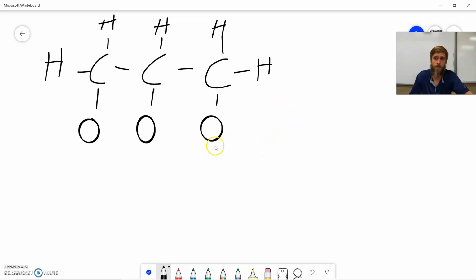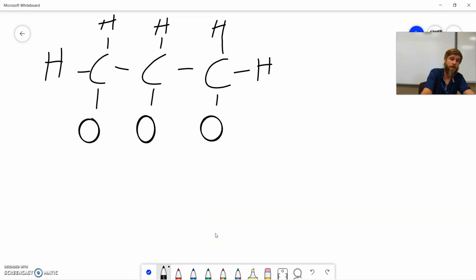Now, what's next? Well, we need those fatty acid chains. So these oxygens are all obviously going to be bonded to something. So what are they bonded to? Well, that's a good guess. It's either going to be hydrogen or carbon. Hydrogen can only hold 1 bond because it's the first element on the periodic table, only has 1 electron. So it cannot be hydrogen here if we're going to form long chains of carbon.